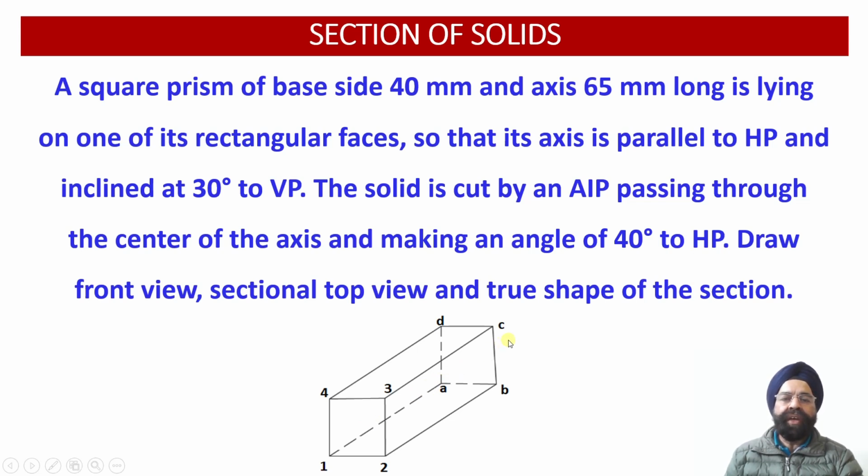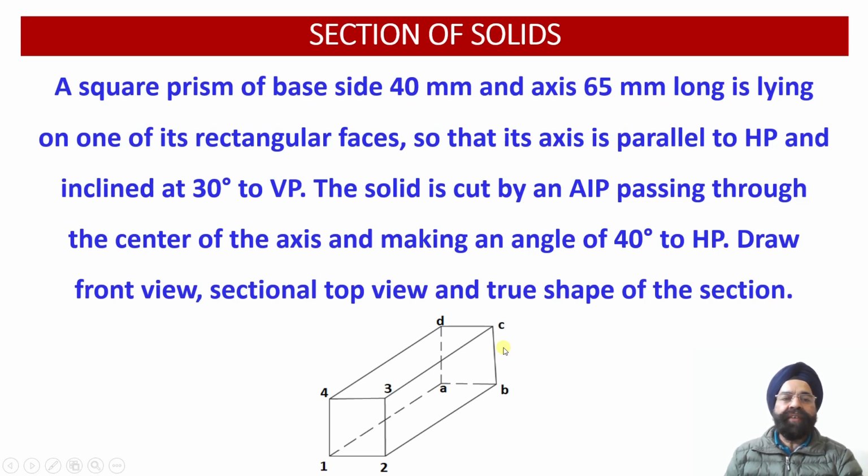Now, in this first iteration, we are going to use the principle of the projections of the solids and we are going to tilt this prism axis at an angle of 30 degree with respect to the vertical plane.